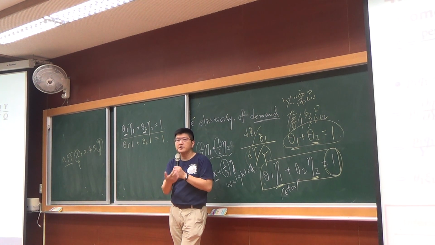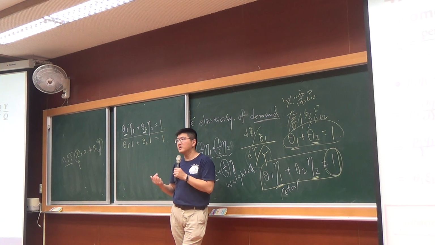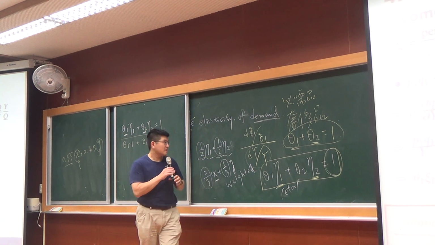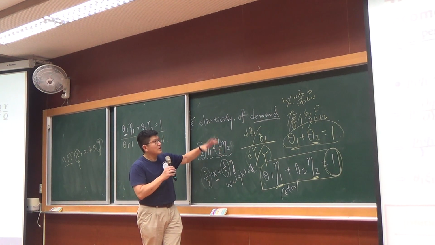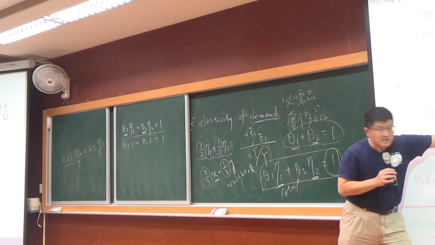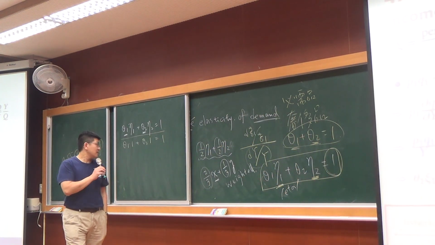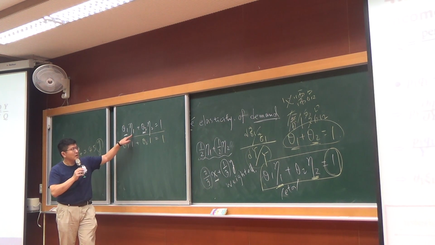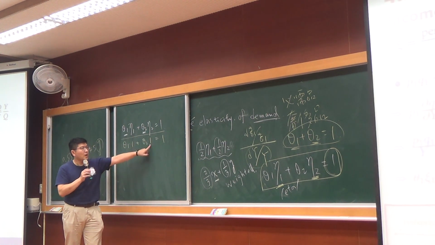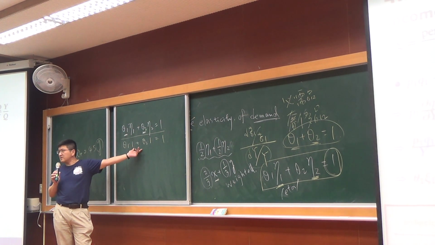Because they are shares, and the sum of the shares must be 1. And if we make eta 1 and eta 2 equal to 1, then the equation must stand. Okay?